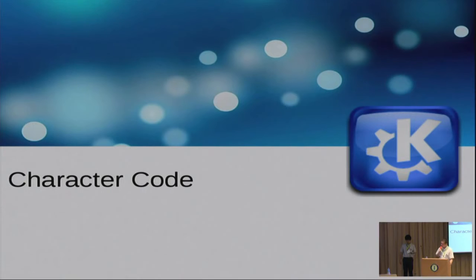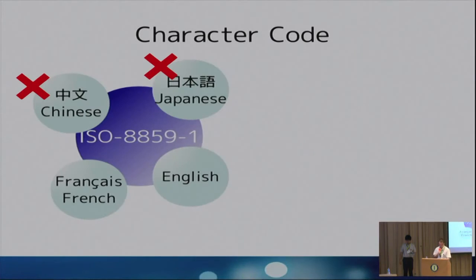The first topic is character code. We have to express characters as data, and you have to process various kinds of languages and many characters. This was a big problem in old applications.